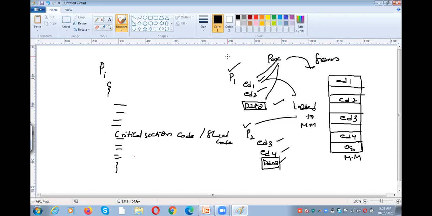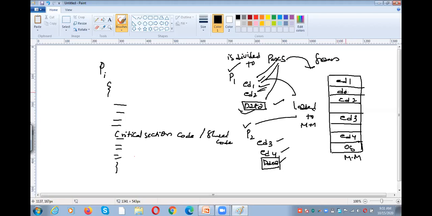That means the process is divided into pages. These pages are kept in the free frames for execution. ED1, ED2, ED3, ED4 are separate pages, so we keep them in separate frames. Whereas P1 and P2 both are using the same data. No need to keep the same information in the main memory twice.